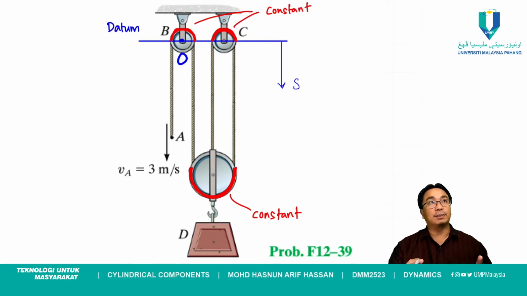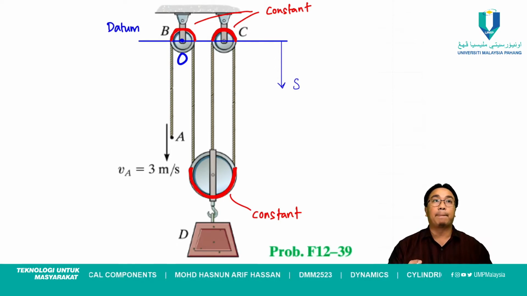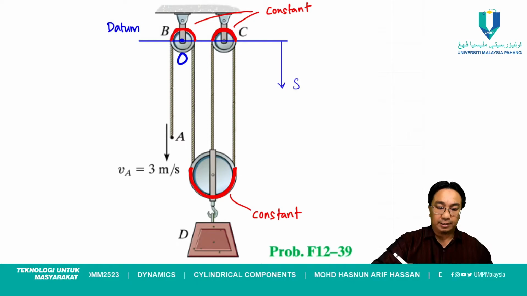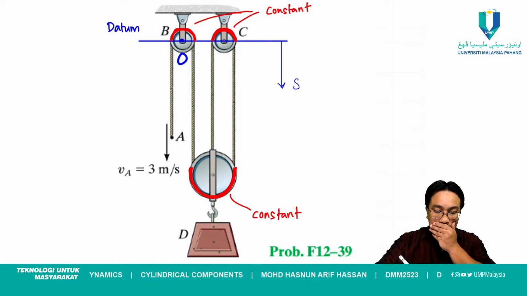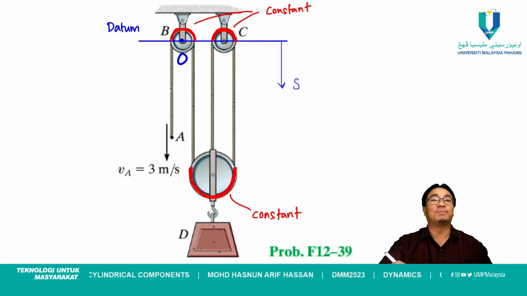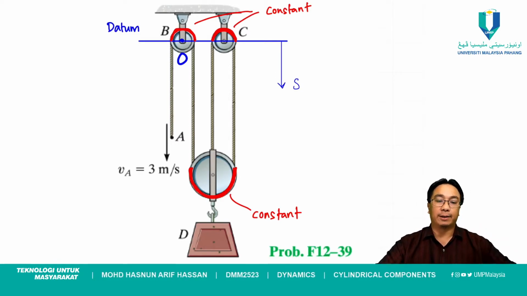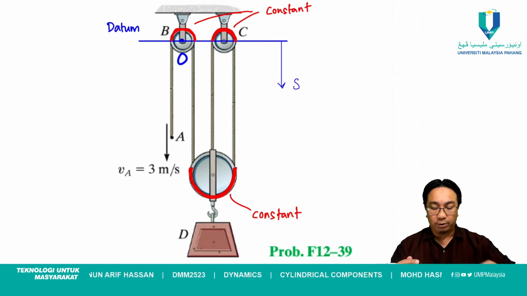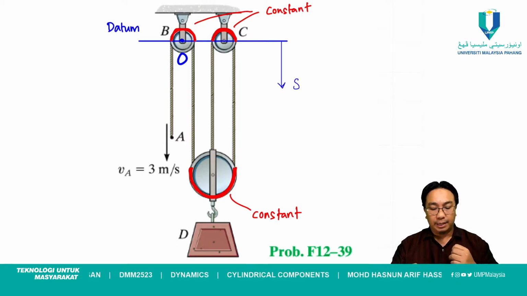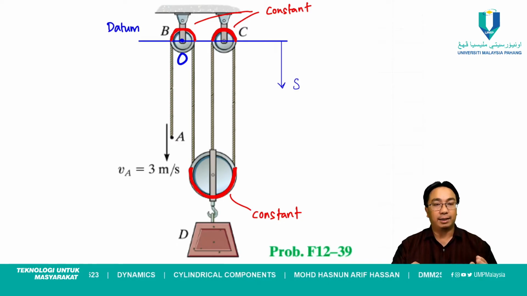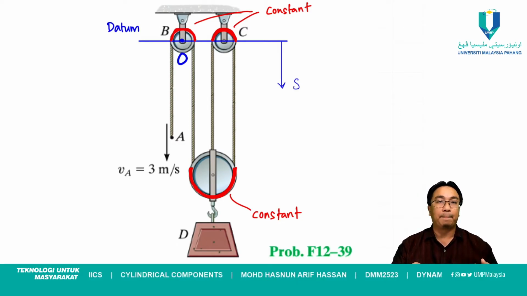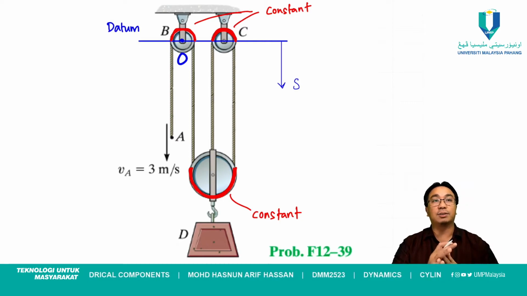How many objects yang kita ada dalam problem ini? 1 or 2? Berapa objek ada? 1 ke 2? 1, okay. Betul, we have only one object, but that point A which has the velocity VA is also can be considered as an object lah.